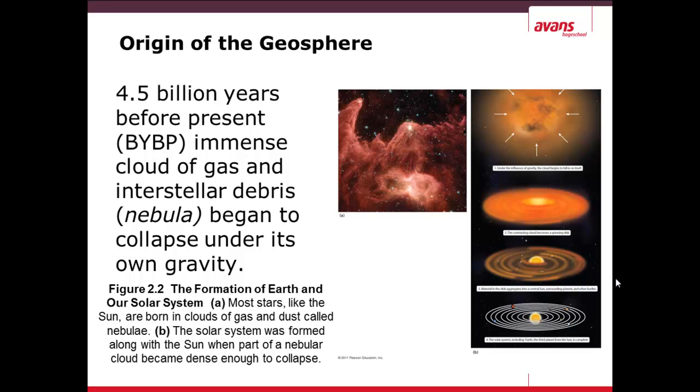The solar system was formed along with the Sun when part of a nebular cloud became dense enough to collapse. And there we see in the far right of this sheet a diagram of the collapsing of the nebulae and them becoming more dense objects such as the Sun and the planets.